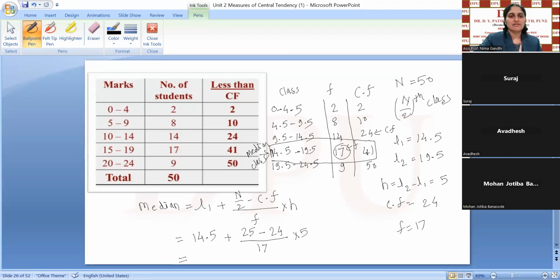Kindly solve this and tell me the final answer. The answer is 5 by 17 plus 14.5.